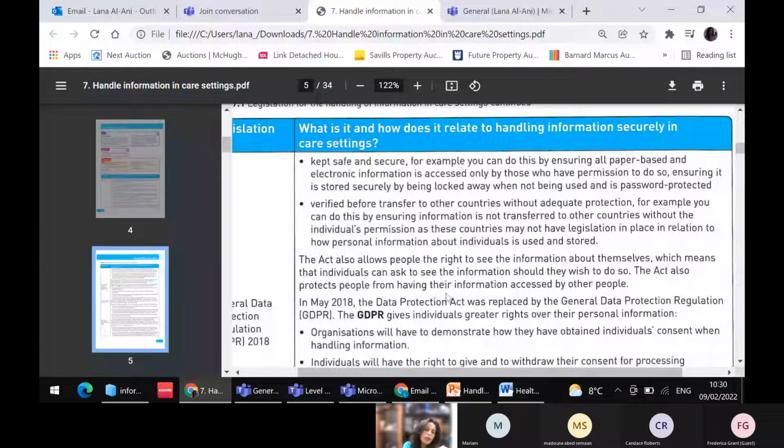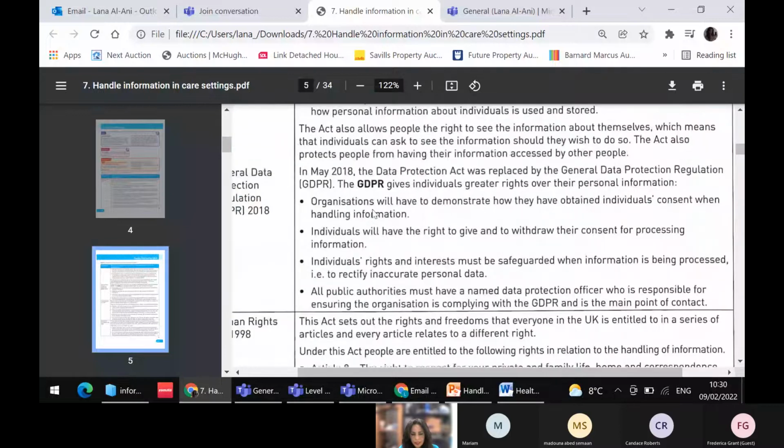And also stored well in a locked cupboard or with a password. And also verified before transfer to others. So we need to understand why the information is needed by others, then we can give them the information. We don't give them everything.